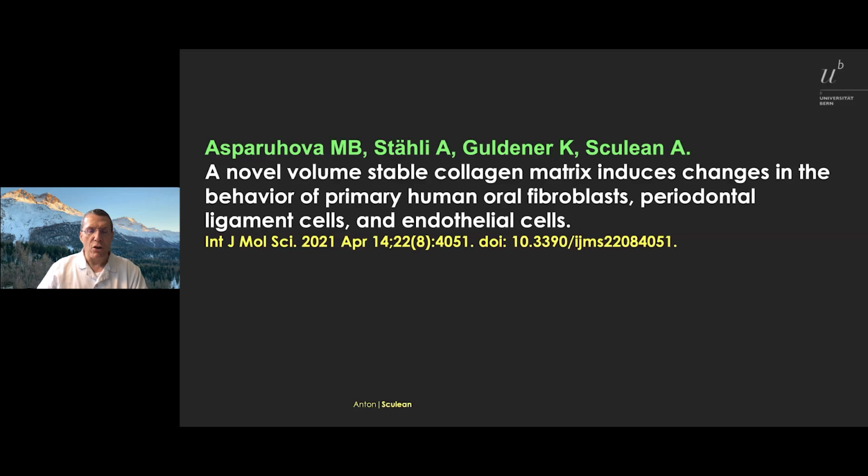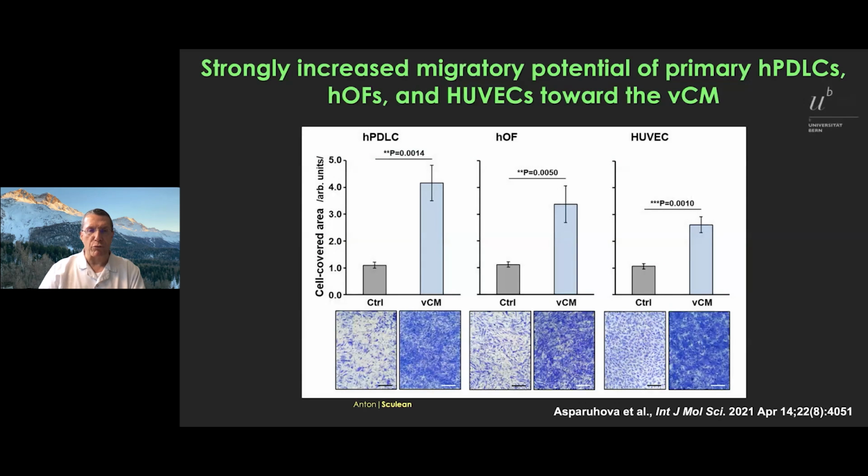And this study looked at the potential of this matrix to attract cells, namely periodontal ligament cells, gingival fibroblasts, and human umbilical cells that have a high differentiation potential. Now, when we look at the migration and the proliferation of these cells over the matrix, you can see a huge difference between the test and the control.